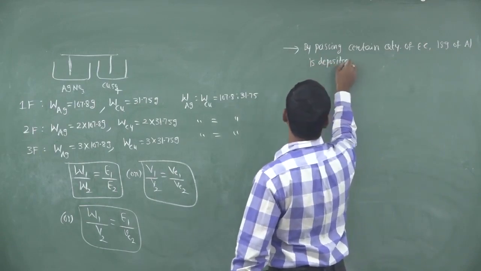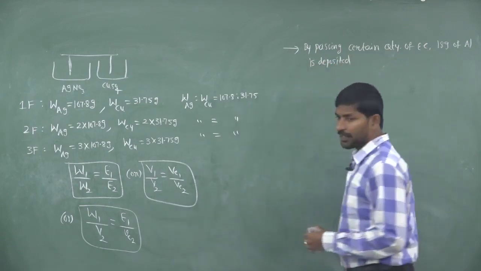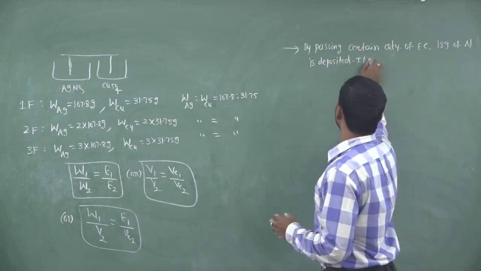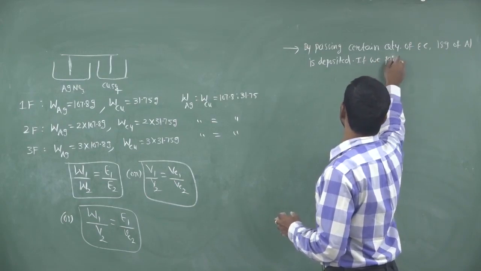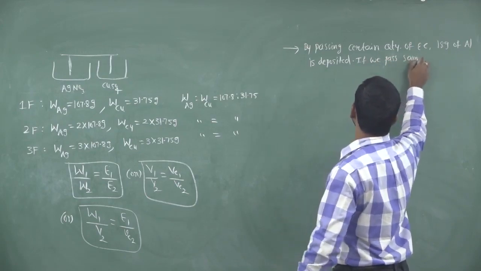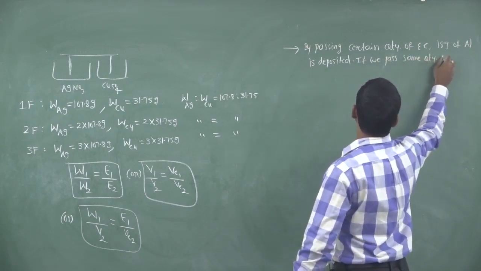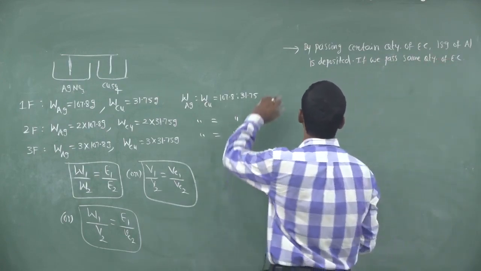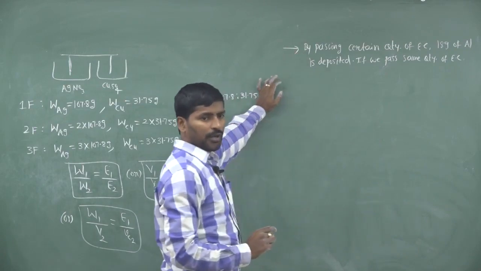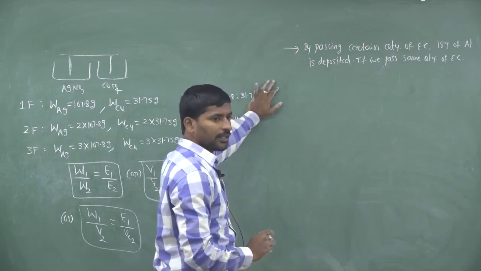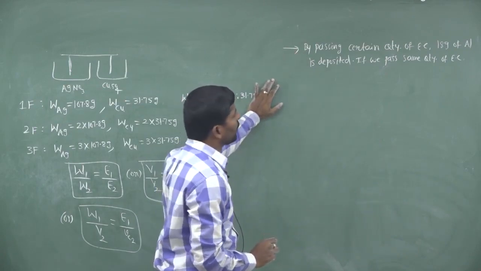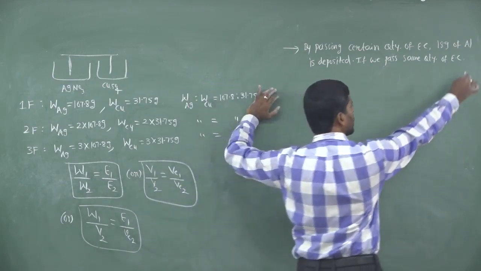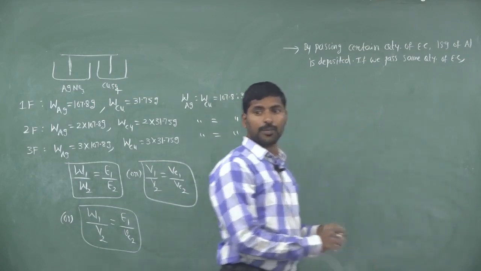If we pass the same quantity of electric current, what is the weight of copper deposited?